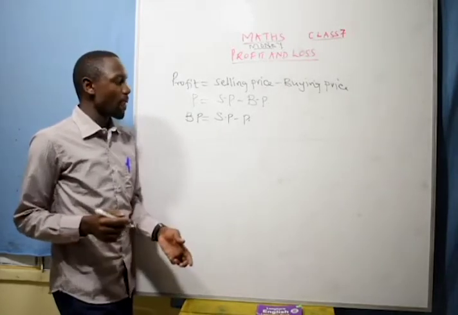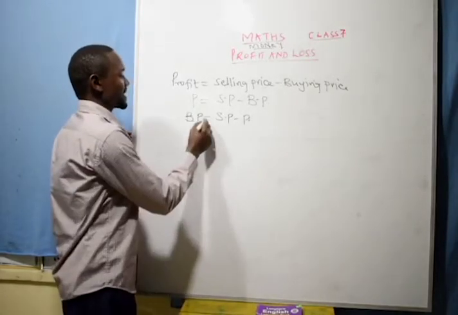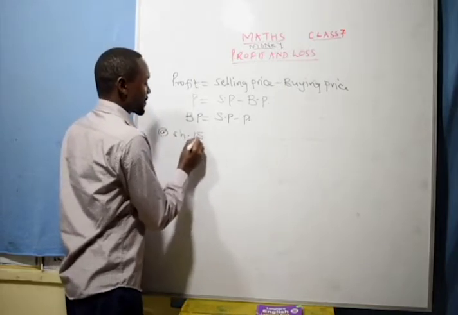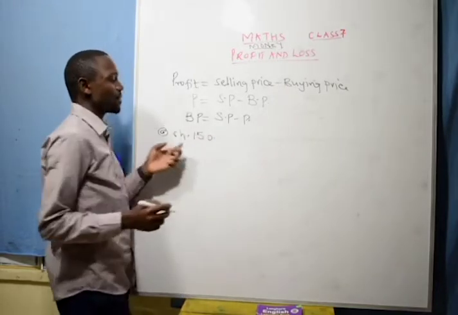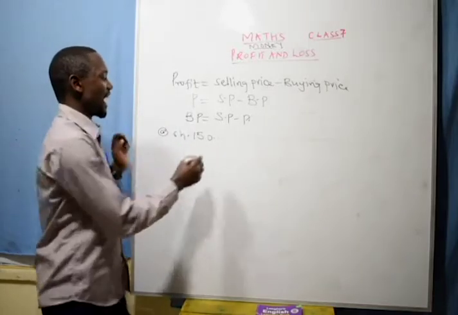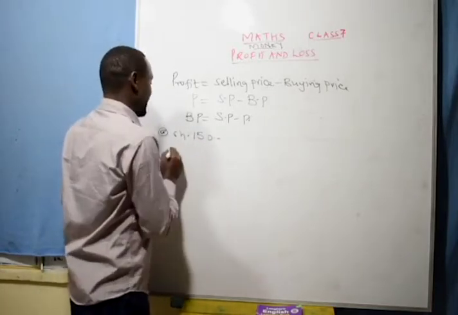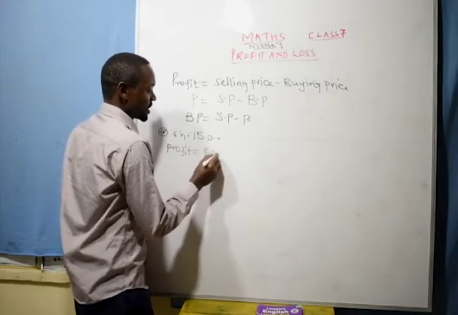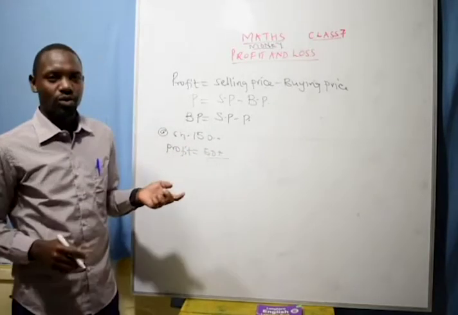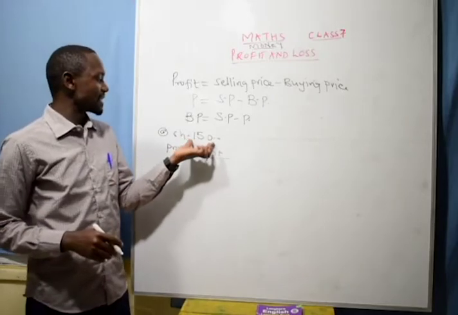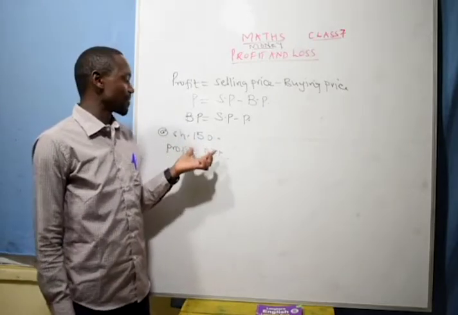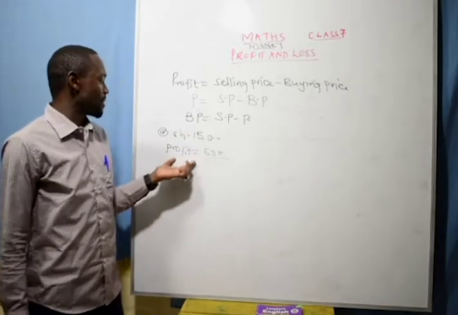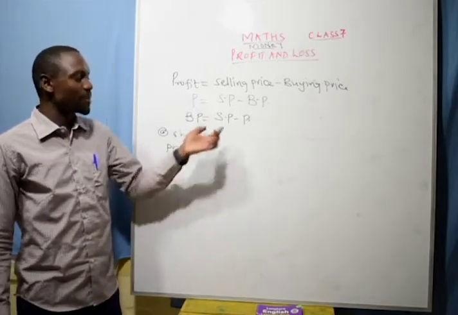For example, I sell a book at 150 shillings, and after selling the book, I get a profit of 50 shillings. What's the buying price of the book? How much had I bought the book?